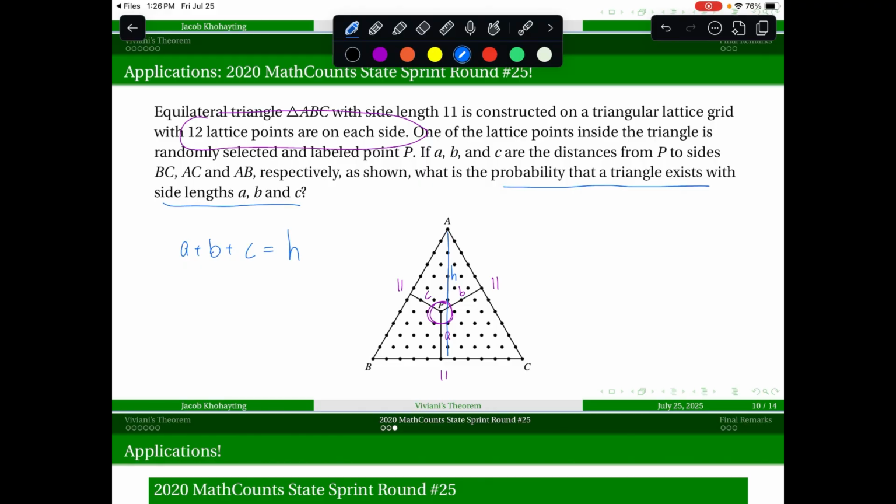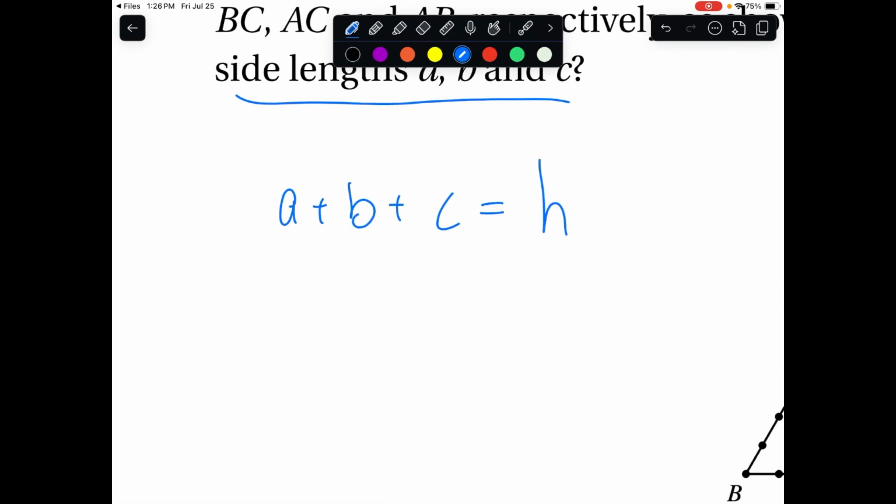Now we want to find the probability that a triangle exists. Remember, the only thing that requires a triangle to exist is the triangle inequality.